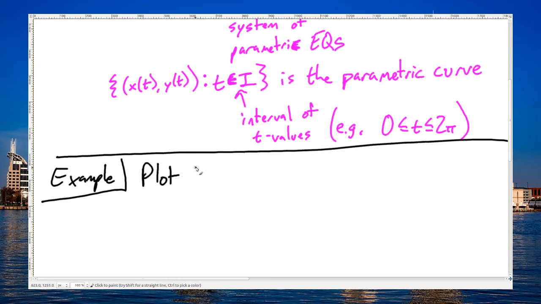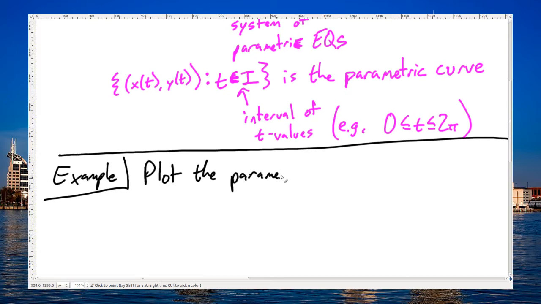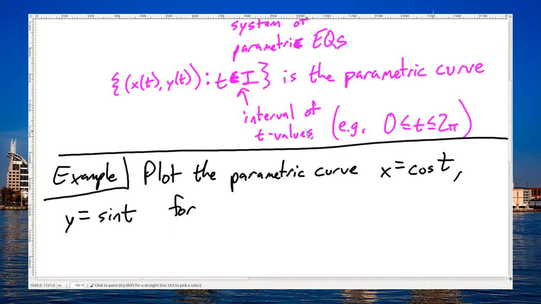I'm going to plot the parametric curve x as a function of t, which happens to be cosine, y as a function of t, which is in this case sine. And the interval of t values will be the same as I mentioned just a second ago. For this problem, t ranges between 0 and 2 pi.